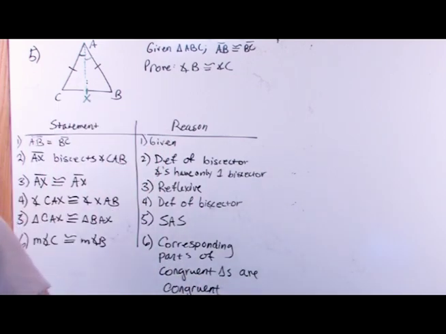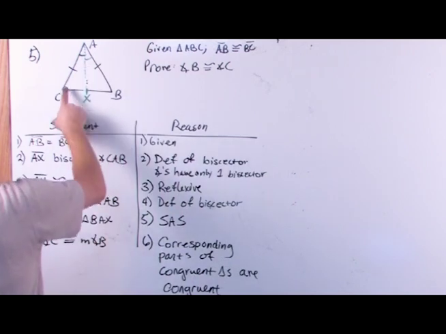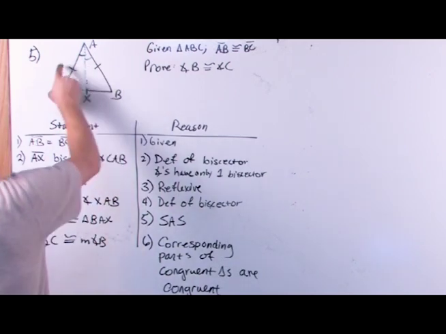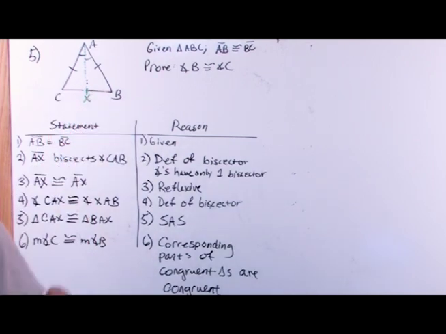Okay, corresponding parts of congruent triangles are congruent. What that means is, here I have two identical triangles, so the corresponding angles must be the same, and the corresponding sides must be the same. And so angle C is equal to angle B because of that.